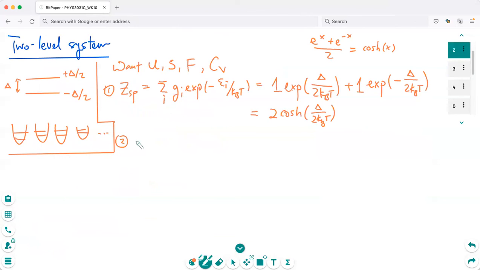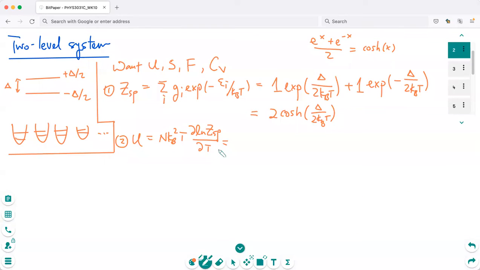So I'm going to do the very first one, the internal energy, and that is given by this. We already showed, right? So I'm going to write down what we have shown for the general case. And now you have the explicit form of the partition function.